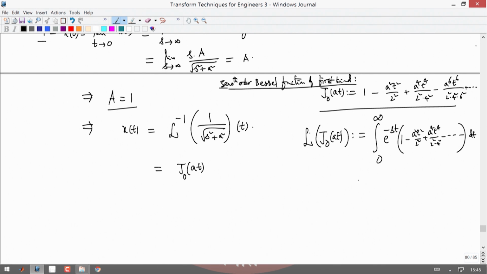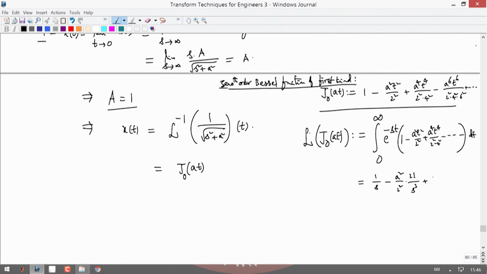So, if you take that inside, you can apply integration term by term, and each term is a Laplace transform. The Laplace transform of 1 is 1 by s. The next term is a square by 2 square, and the Laplace transform of t square is 2 factorial divided by s cube, and so on.